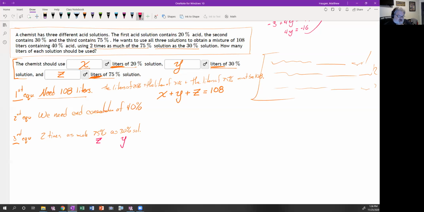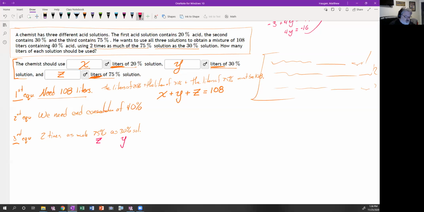So 2 times as much Z as Y. These equations are often hard to write because you want to write them in order.